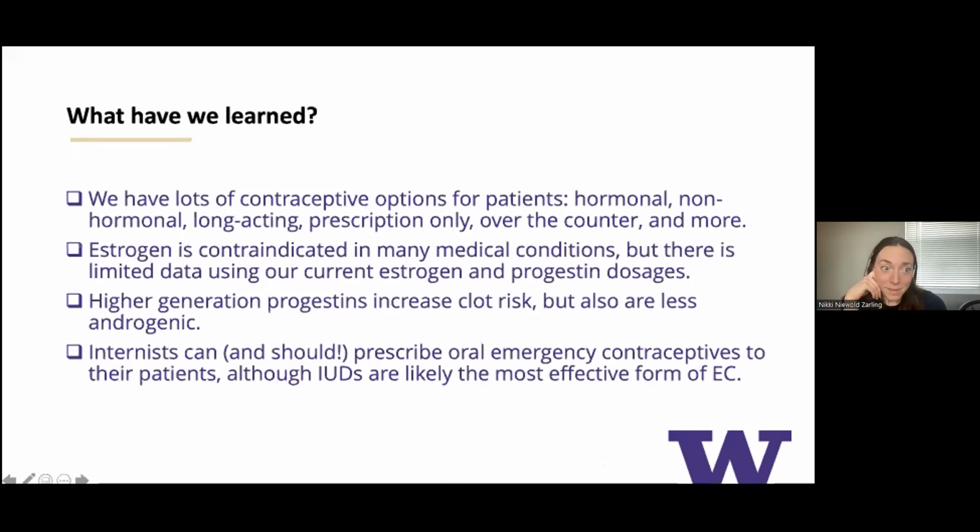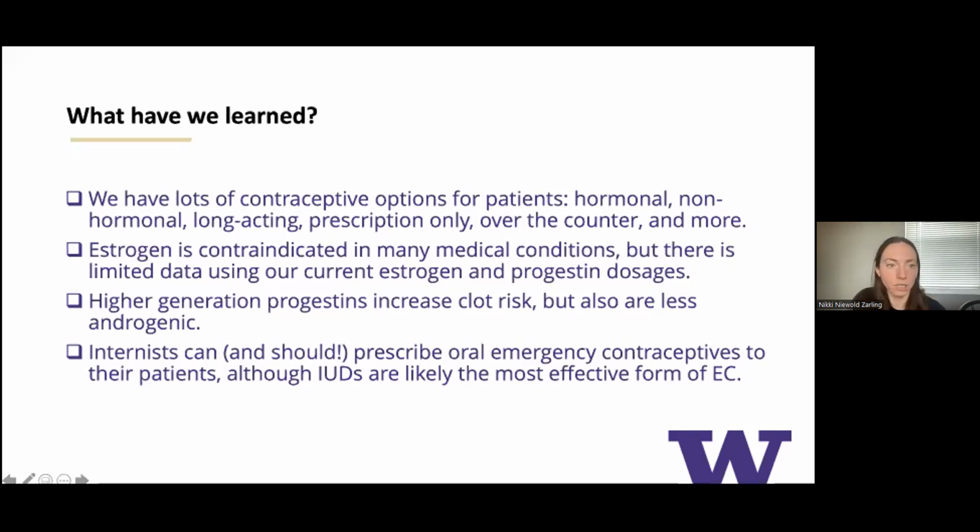So we're wrapping up. I want to just review what we have learned, which is that we have lots of contraceptive options for patients: hormonal, non-hormonal, long-acting, prescription only, over-the-counter, and more. Estrogen is contraindicated in many medical conditions, but there's limited data using our current estrogen and progestin doses.